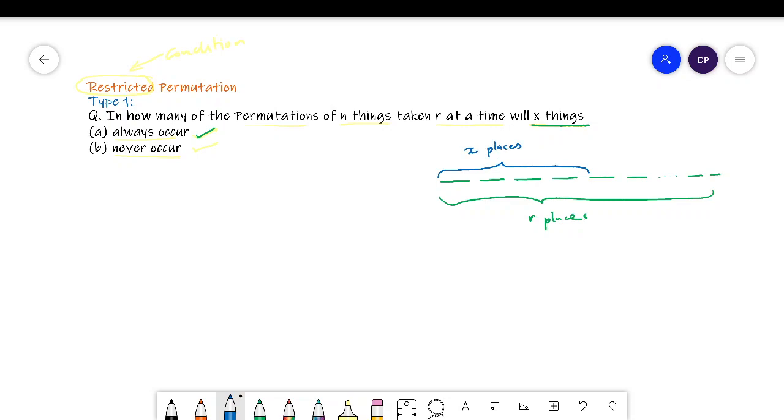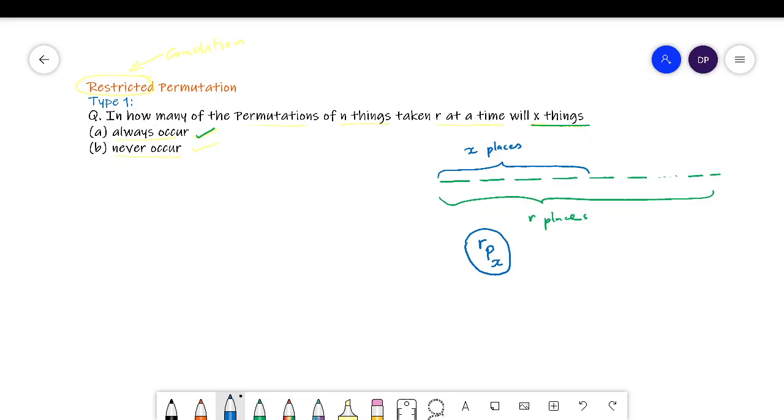Now in how many ways can these x places be occupied? In total, we have r places, and from there x places are being occupied. So this arrangement can be of rPx ways.